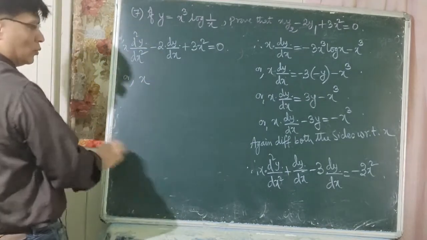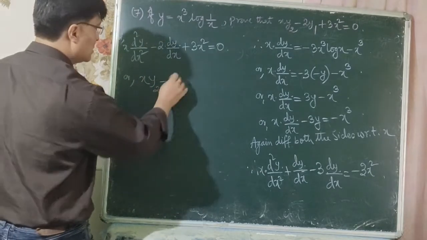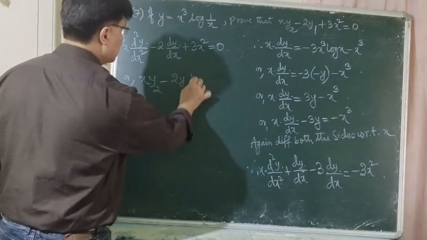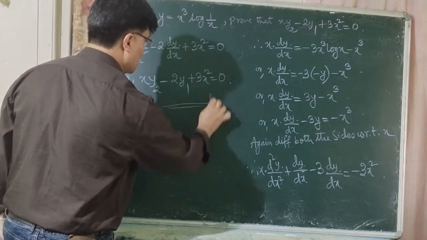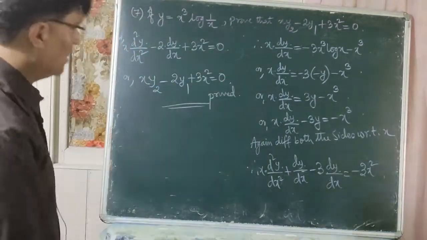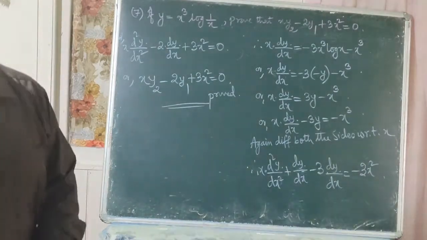So x into, what is d2y by dx square? It is y2, minus 2 into, what is dy by dx? It is y1, then plus 3x square, which is equal to 0. So it is proved. So I think you have understood this problem, so you can copy it.